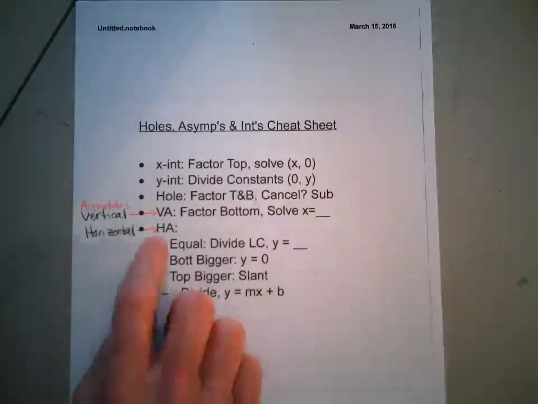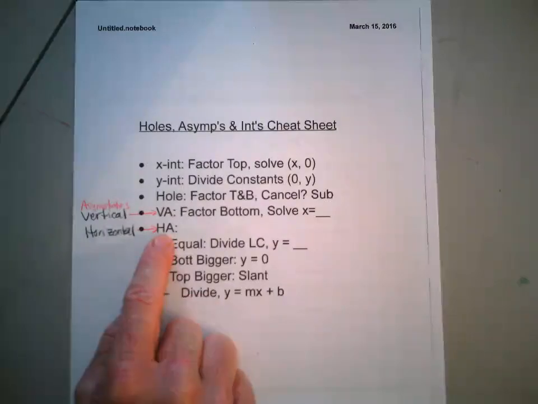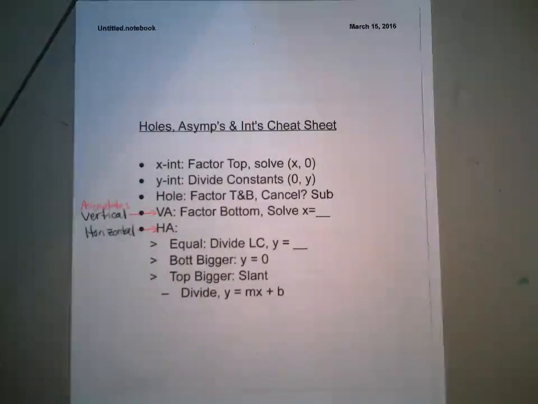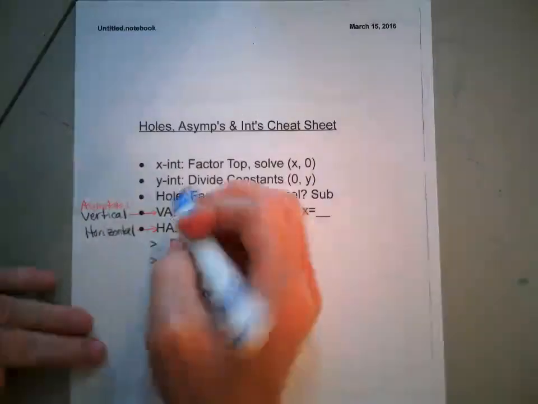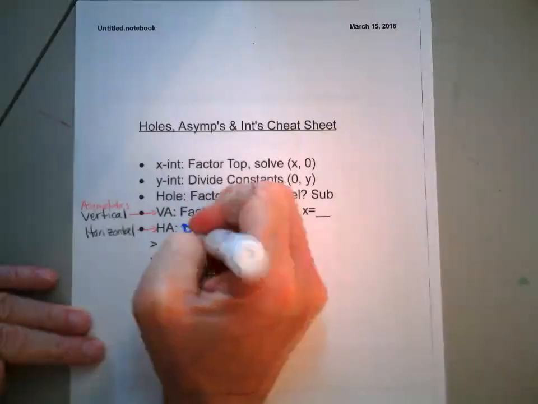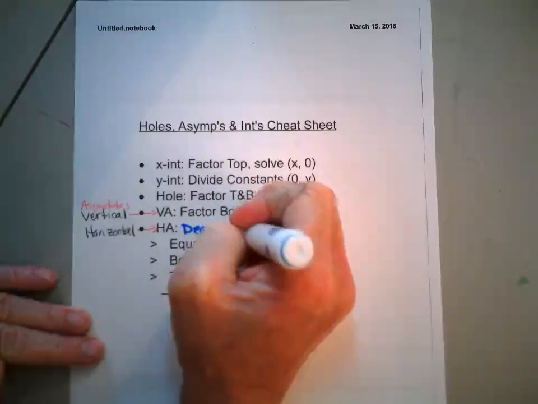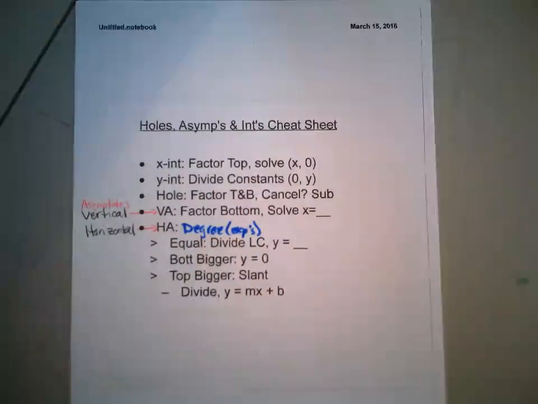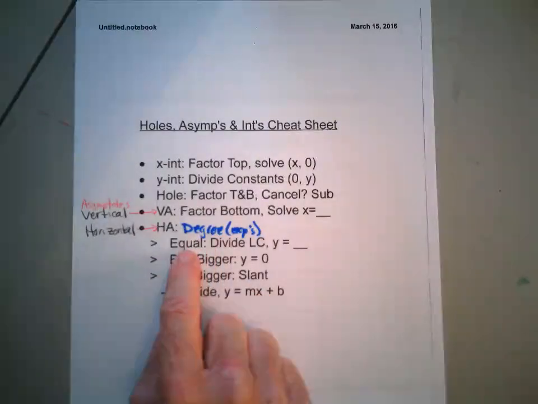The toughest part here is the horizontal asymptote. What we have to do is look at the degree, which are the exponents, of the top and the bottom of the fraction, and we have to compare them. Are the degrees equal, meaning the highest exponent on the top is the same as the bottom?